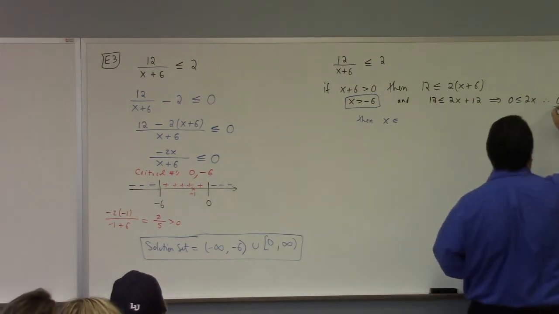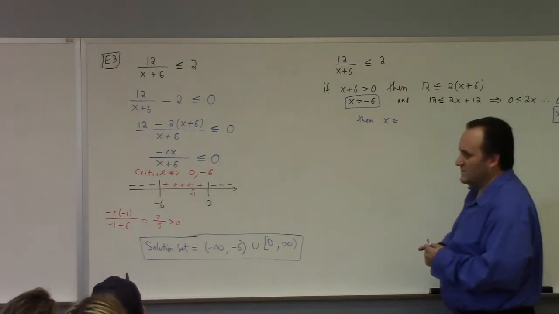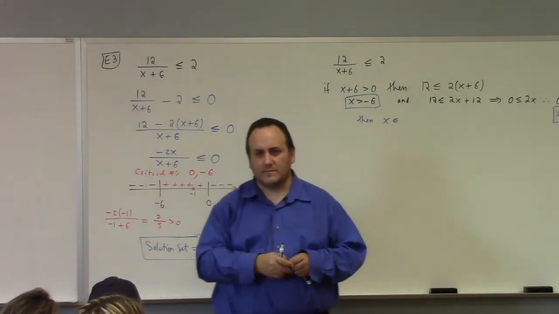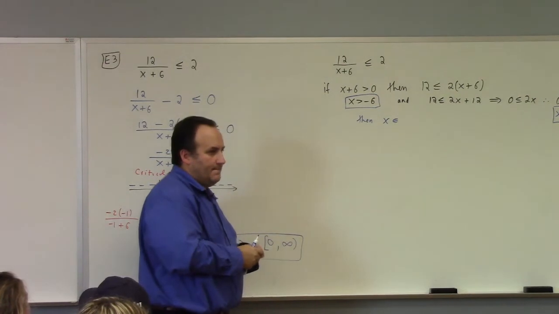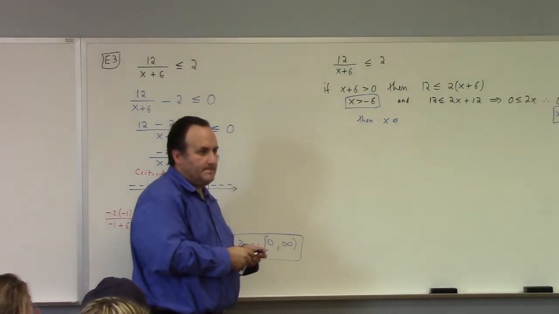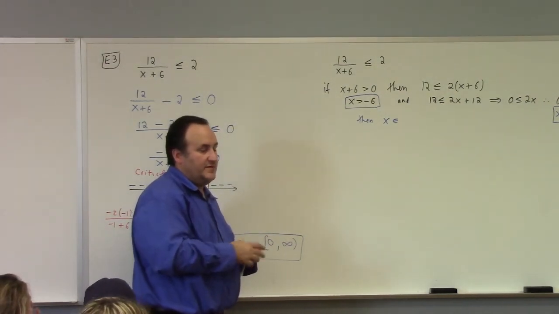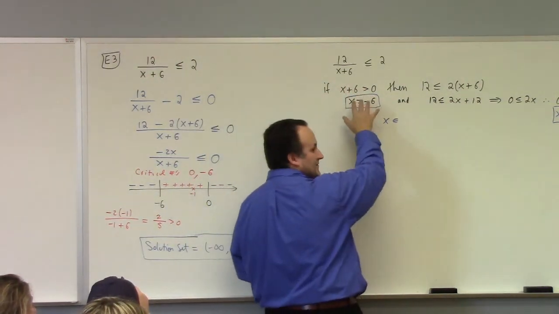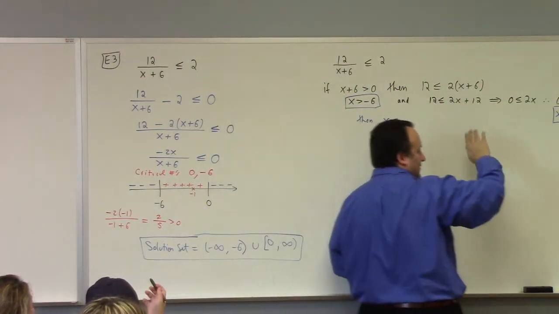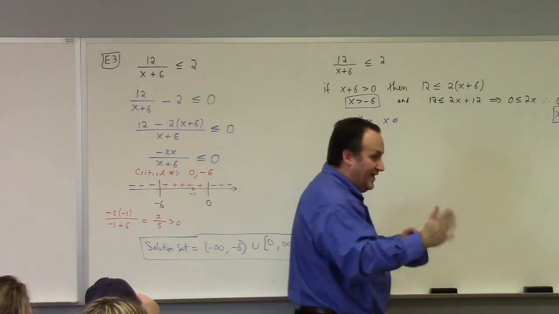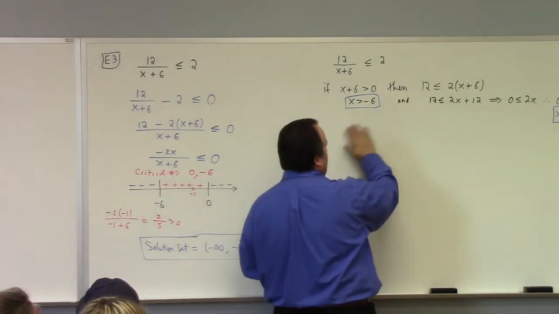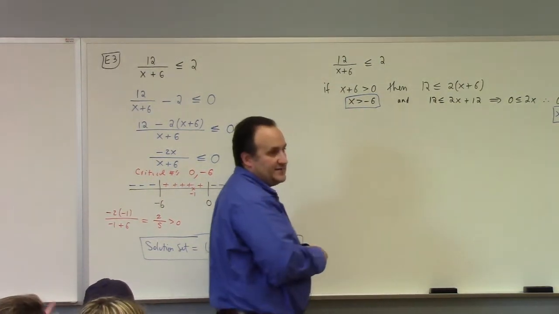So when you look at these two, which one of them wins? I mean, we're saying if this holds, we need to solve this. We work this out. We get x is greater than or equal to 0. Can you have that in the universe of ideas where x is greater than minus 6?